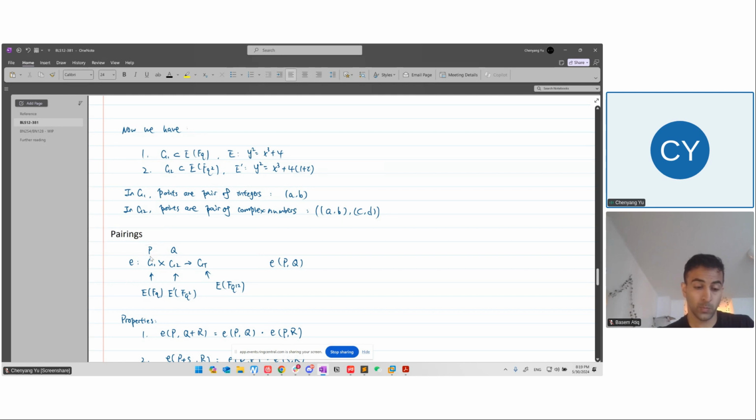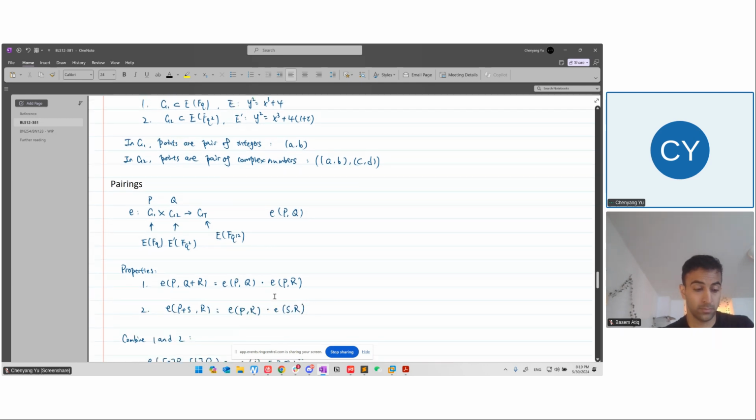So for example, we pick P from G1 and Q from G2. So P is a G1 point, Q is a G2 point. We can say e(P, Q). This is a pairing of those 2 points. So just remember, when you do pairing, one of the components must be a G1 point and the other must be a G2 point. Yeah, that's everything you need to know for now.